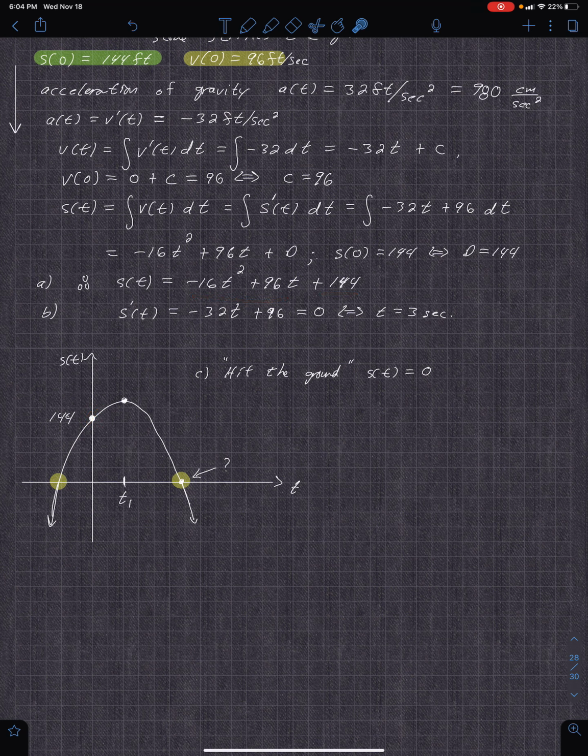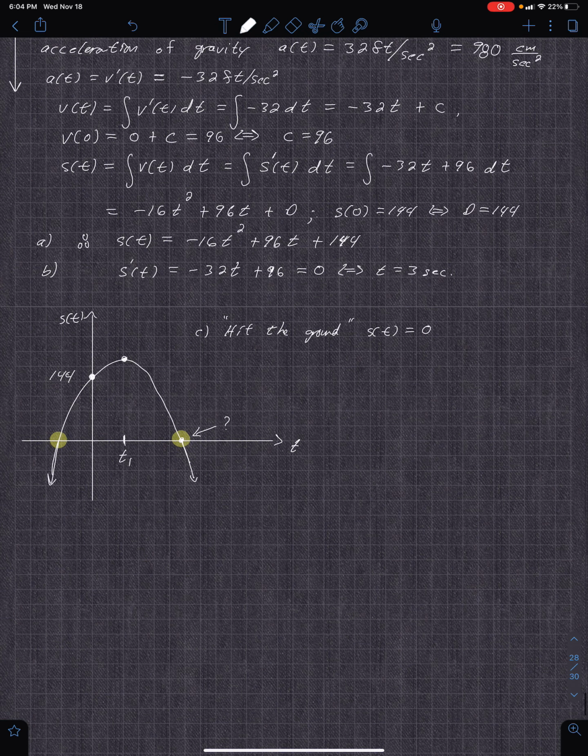All right, so let's continue. So you're solving this for 0: negative 16t squared plus 96t plus 144 equal to 0. All right, so I would want you to solve that. You can try to factor. It's not going to work nicely with integers.